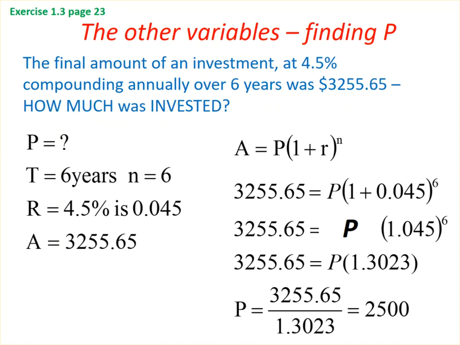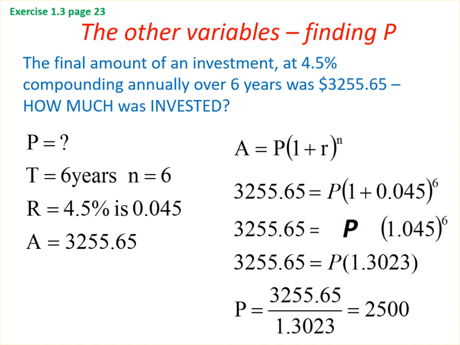Okay? So if I have a number equals a number times x, how do I get that number to the other side? You have to divide because there's a multiplication there. So you do the opposite to get it on the other side of the equal sign.